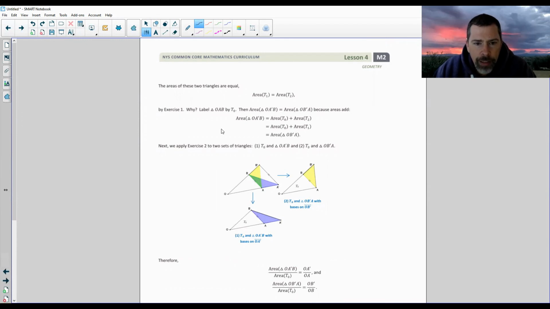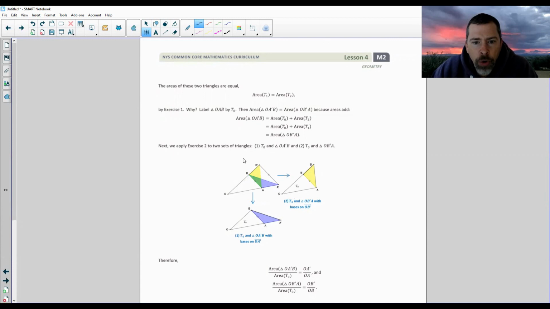Why? Label triangle OAB by T sub 0. They also would say T naught. Whenever you see a T with a subscript of 0, you can say T sub 0 or T naught. Okay, so that's triangle T naught, the white one.